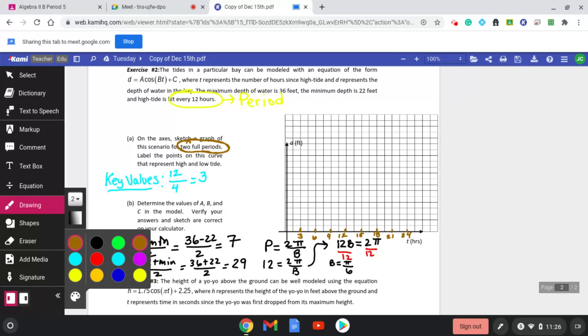So if we look at our problem, we should have 22, the minimum. We should have 36, the maximum. And Sophia also said you should have the midline on there. Where's the midline? C value, 29. So I need to at least have 22, 29, and 36 on there.